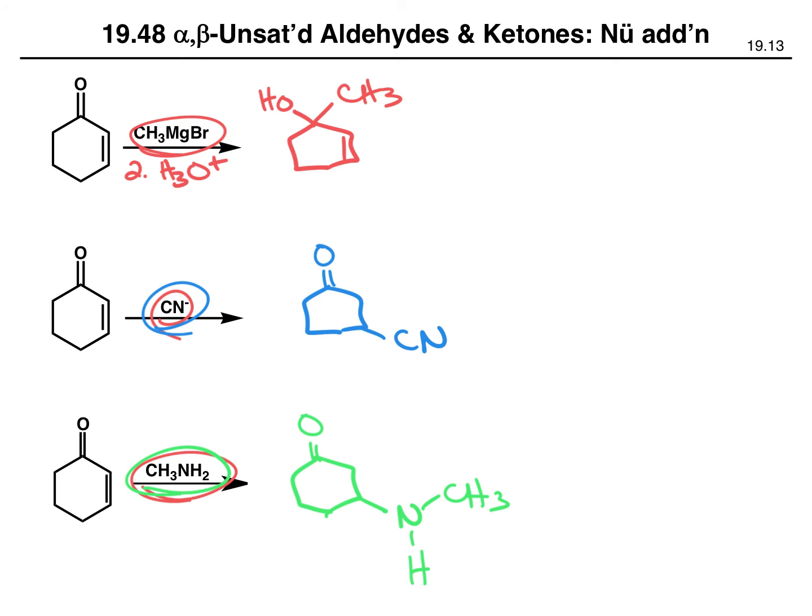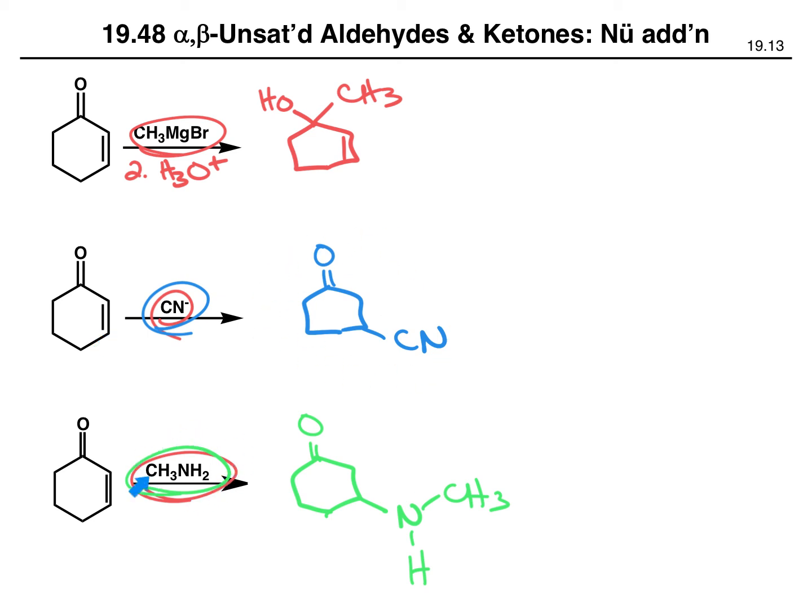Now let's look again at this slide. When Grignard was used, we got the 1,2 product because Grignard will add 1,2 and then it's not going to reverse. And so what will be isolated is the 1,2 product. Cyanide is a much weaker base, so it will still add 1,2, but then it can reverse and then add 1,4, leading to the 1,4 product.